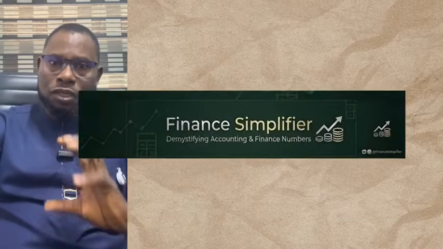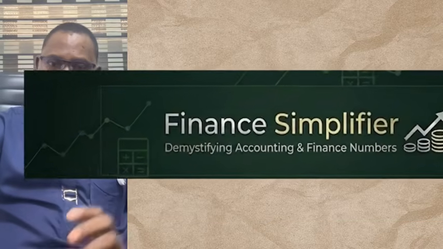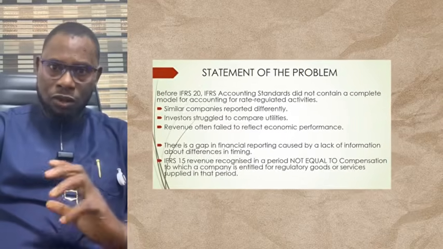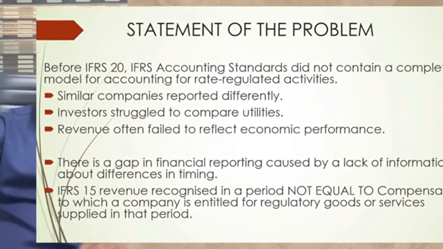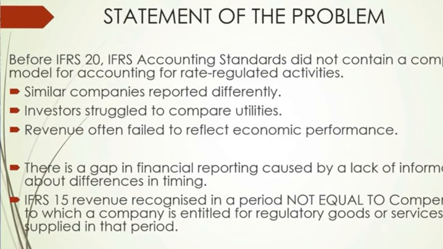Let's look at what the problem was before the creation of this standard. Before IFRS 20, IFRS accounting standards did not contain a complete model for accounting for rate-regulated activities.